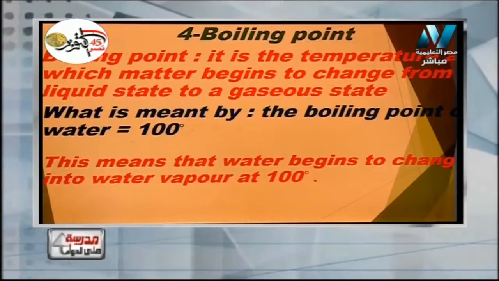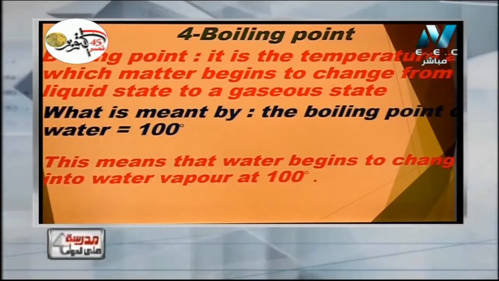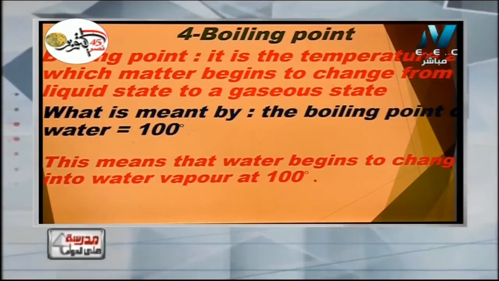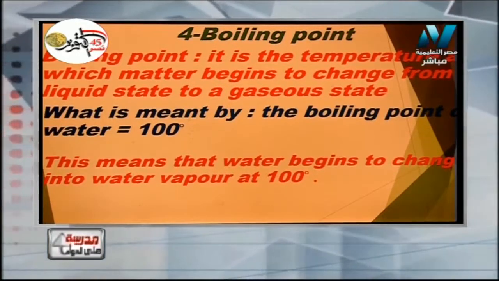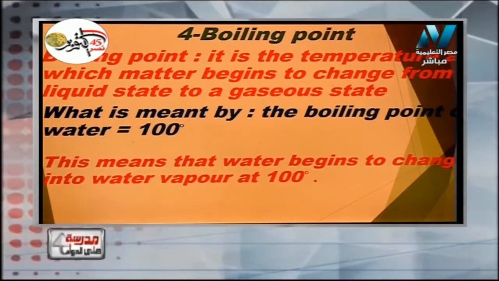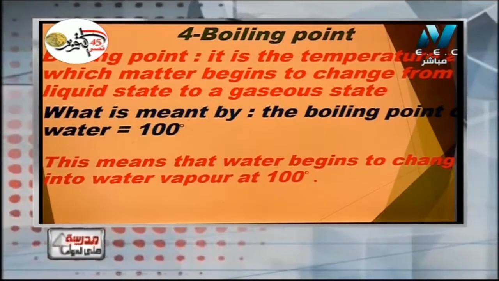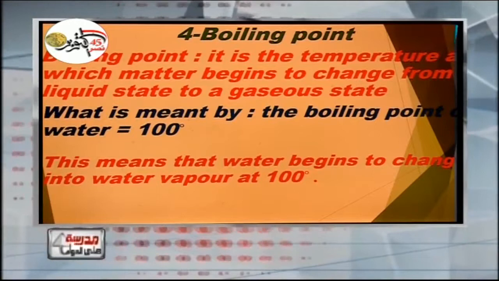Boiling point is the temperature at which matter begins to change from liquid state to gaseous state. What's meant by the boiling point of water is 100? This means that water begins to change into water vapor at 100.